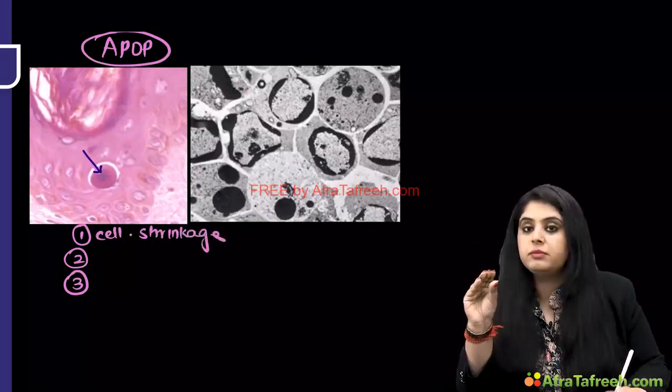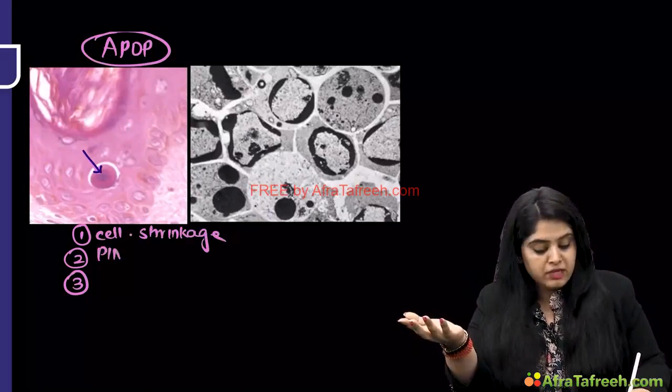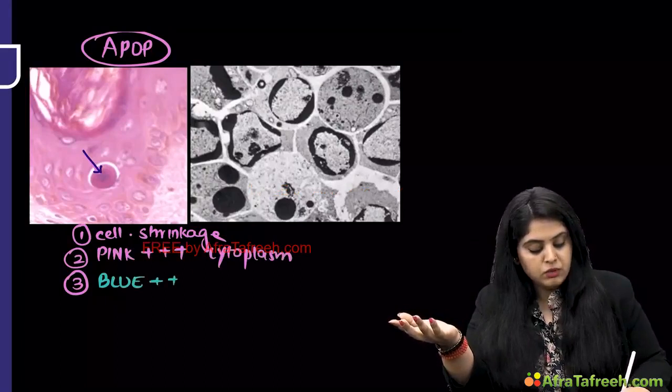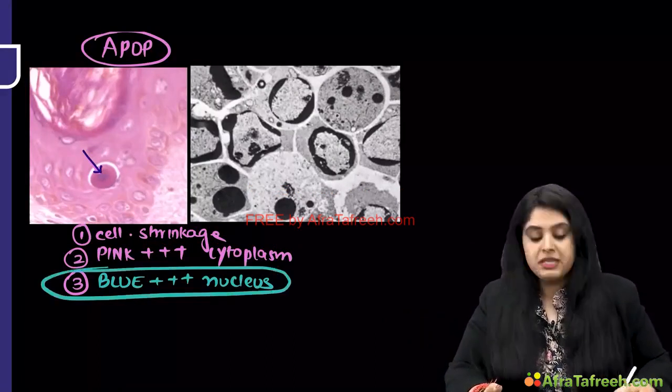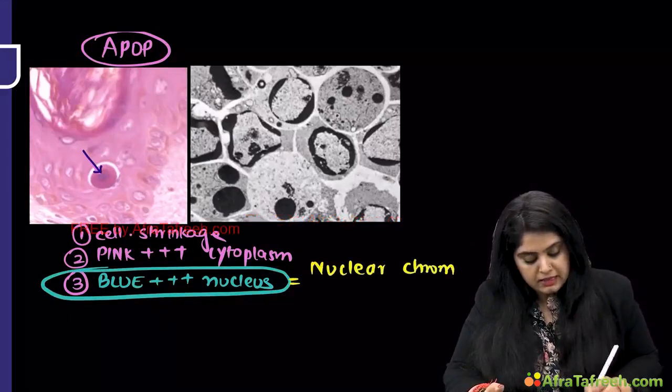The size is going to be smaller, but the colors are going to be very enhanced. There is going to be an extremely pink cytoplasm that I notice, and an extremely blue nucleus that I'm noticing, and this is important because, do you see why the nucleus is extremely blue?